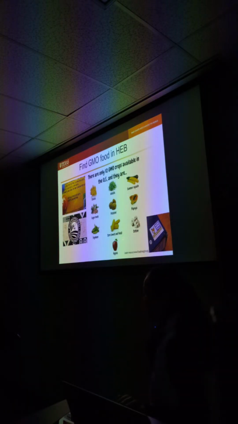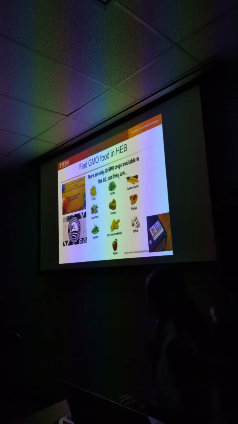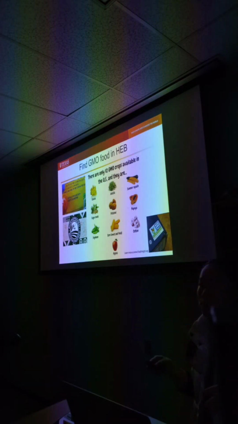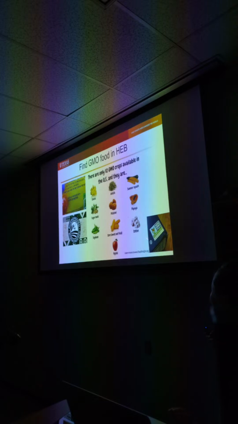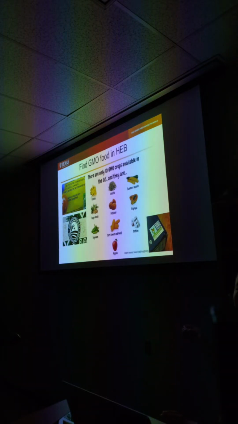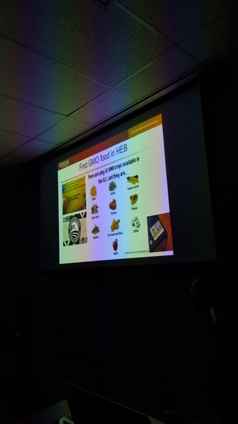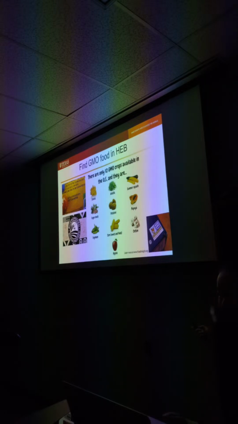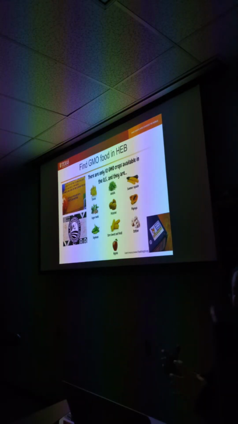So you can see if those products are made from any of those. The most common would be potatoes, soybeans, and corn. And also, a lot of food you will find is labeled as non-GMO or organic. So see if you can find them in the grocery and just check the package.